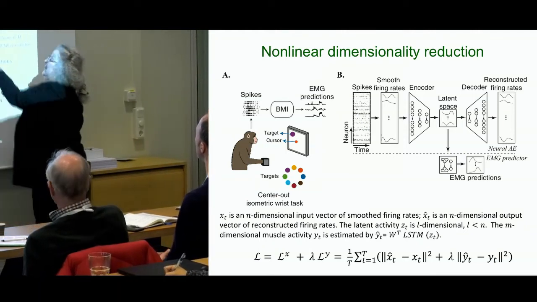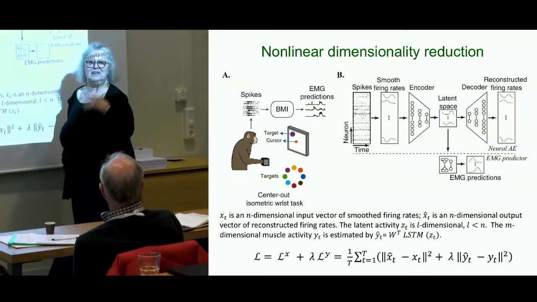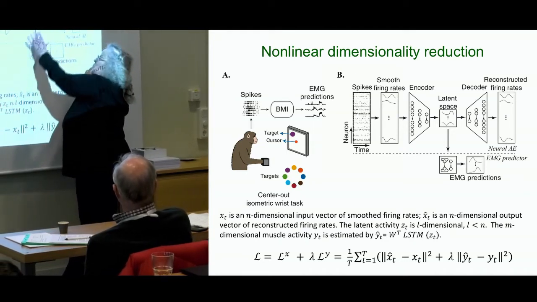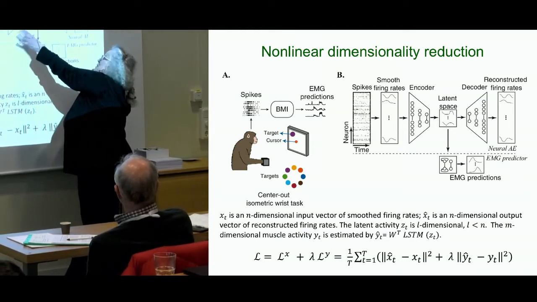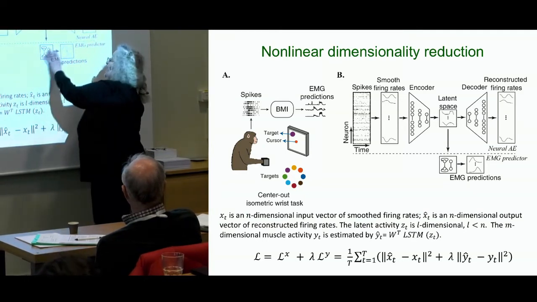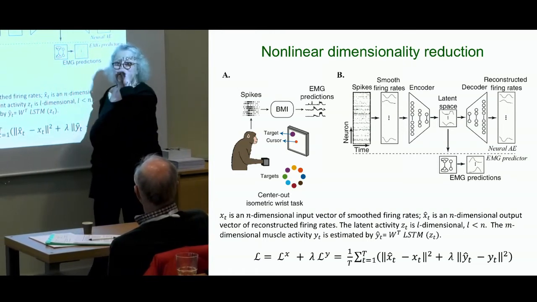And then from the latent space, you can use the latent space to do predictions. You can do predictions about the kinematics or predictions about the muscles. So if you want to put that into the autoencoder, now the process at the top is purely unsupervised. Right? It's like doing principal component analysis. If you add this as a part of the way you train the network, then there is a supervised part.